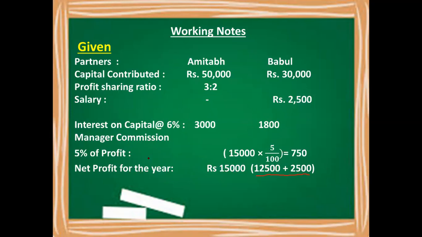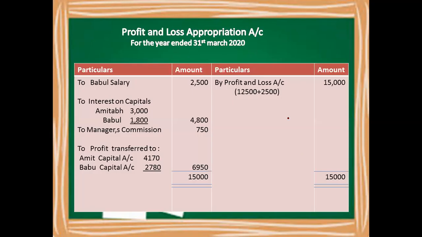So sometimes students calculate 5% on a different amount, which renders their answer wrong. But you are not supposed to. You have to calculate the exact profit and then 15,000 into 5 by 100 to calculate the manager commission. So see this, here we will be adding back this salary and making this net profit 15,000.